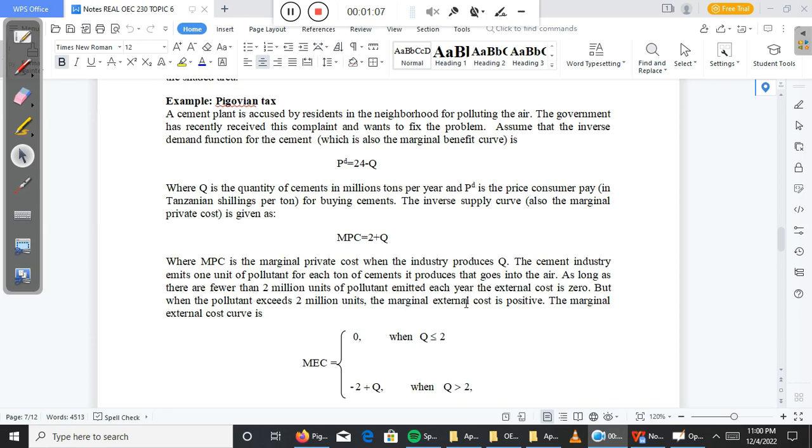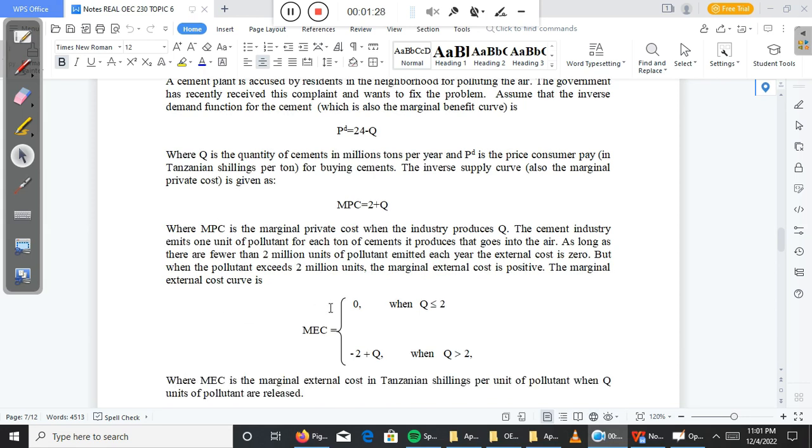That is, MPC is given as 2 plus Q, where MPC is the marginal private cost when the industry produces the output Q. The cement industry emits 1 unit of pollutants for each ton of cement produced, which goes into the air.